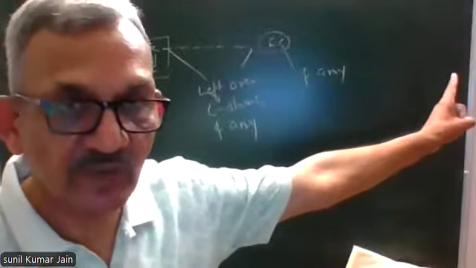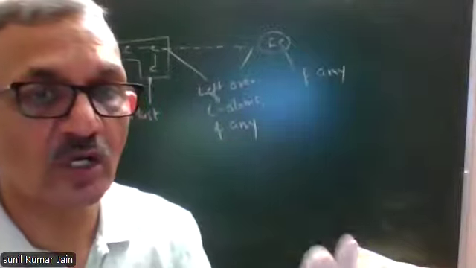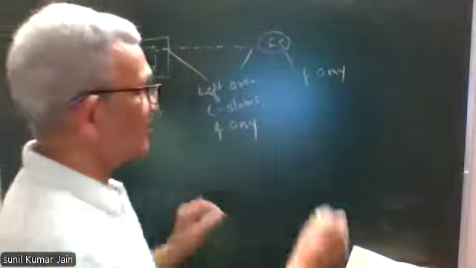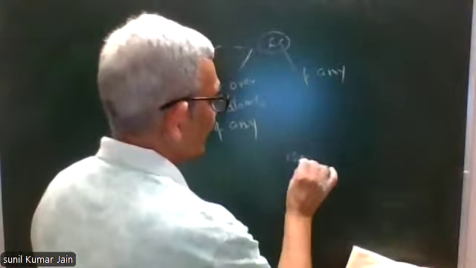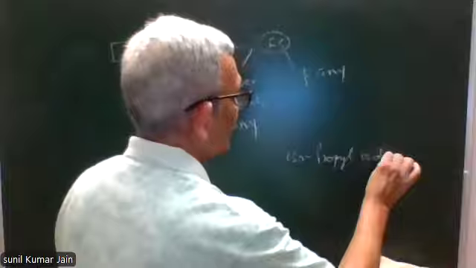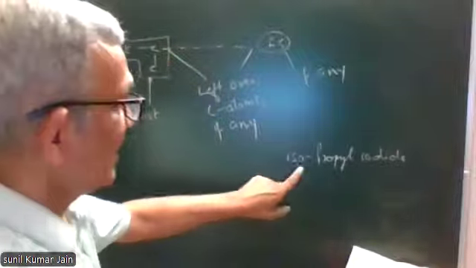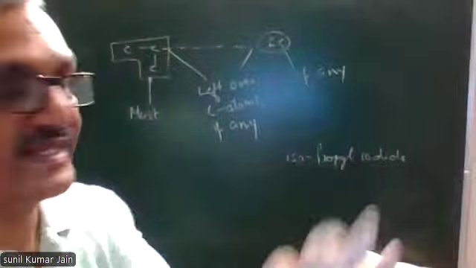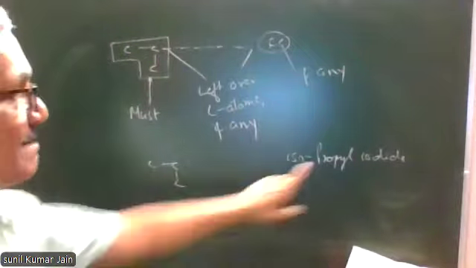Extended chain, right? Let me use the common name isopropyl iodide, and let me justify this common name. Iso: the moment I see iso, I have to use these three carbon atoms.